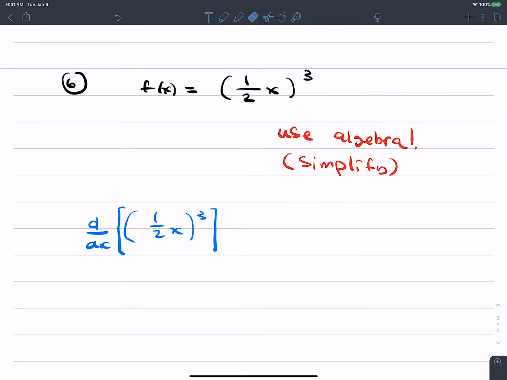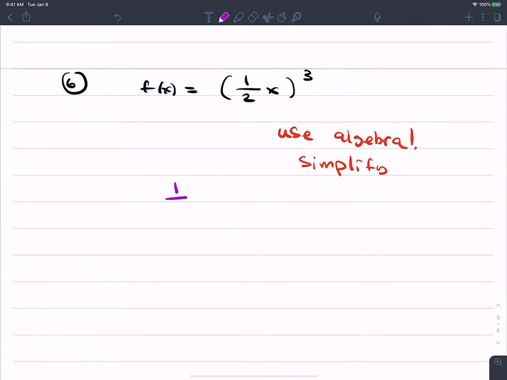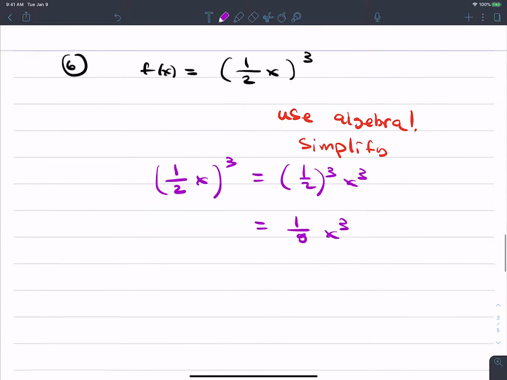What I mean by that is, get rid of this portion. If you have 1/2 x to the 3rd power, remember by beginning algebra, that's 1/2 to the 3rd power, x cubed, which is 1/8 x cubed.